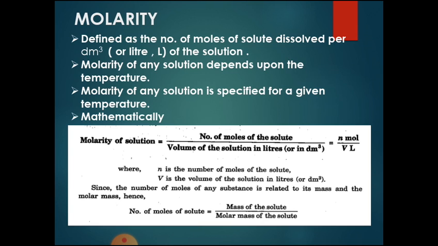Since the number of moles of any substance is related to its mass and molar mass, number of moles of solute is equal to mass of solute divided by molar mass of solute. The mass of solute we represent with small m or W, and molar mass with capital M.